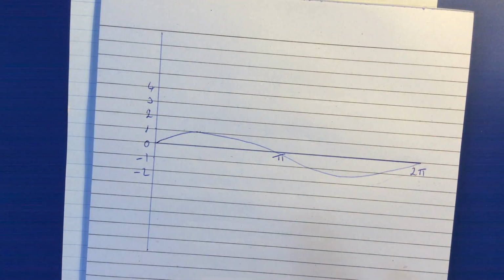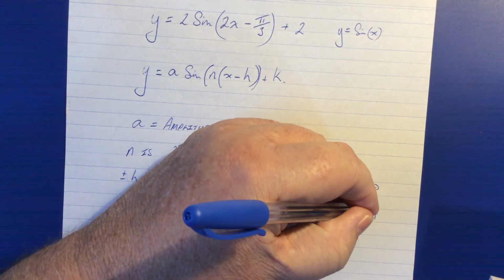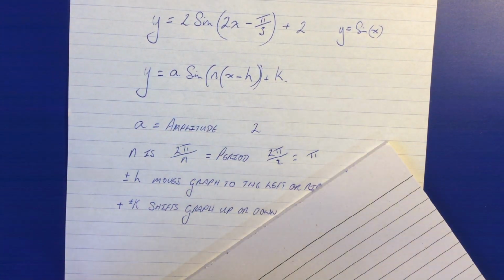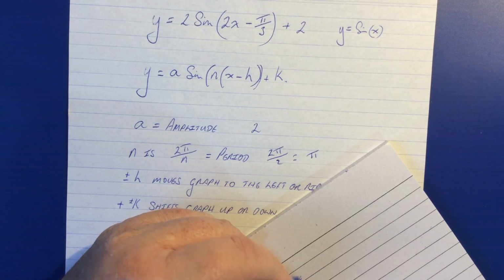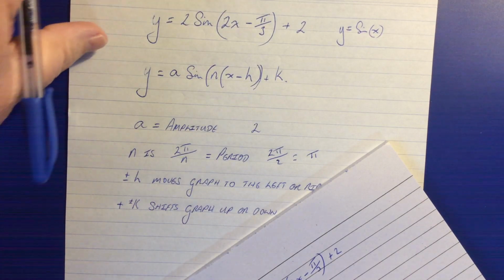Having just noted that we move up 2 units, I'm going to try and show you all of these incorporated into one graph and talk about them as we go. So if you just give me one moment, I will write in this function, 2 sine(2x minus pi on 3) plus 2, and we can go to work.